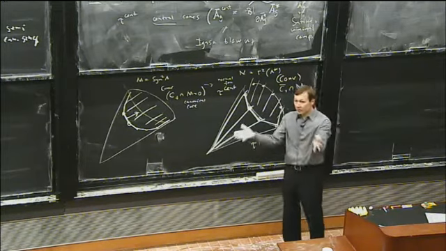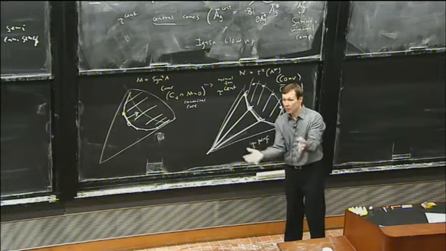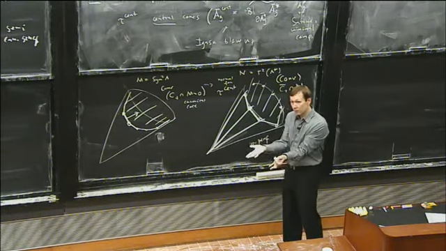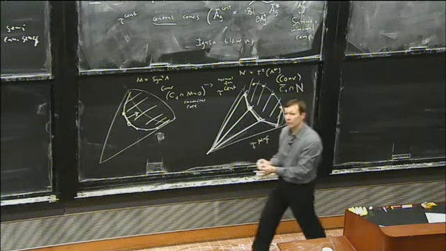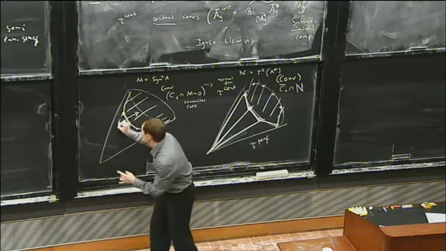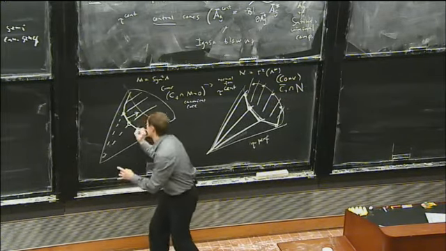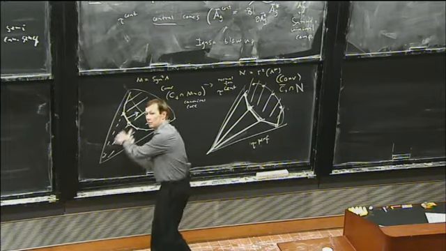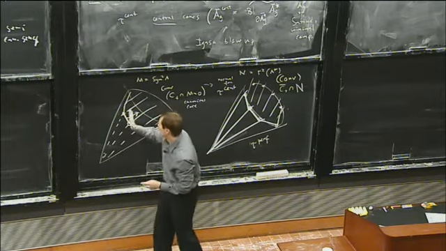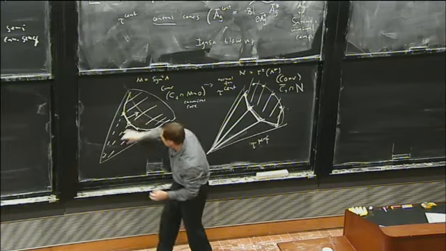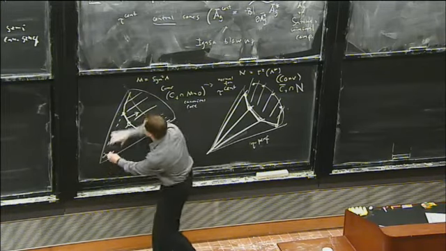Look at the faces of this convex hull and just cone over it. So here I would take this convex hull and then look at the faces of it, and these faces would give me the cones.